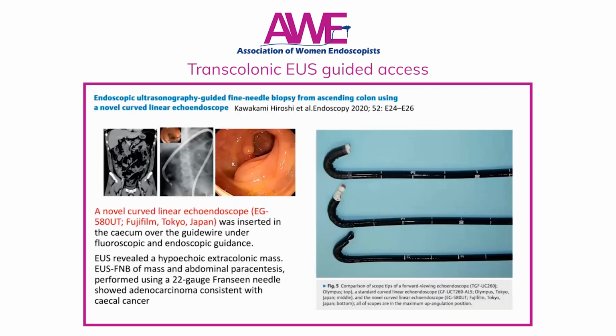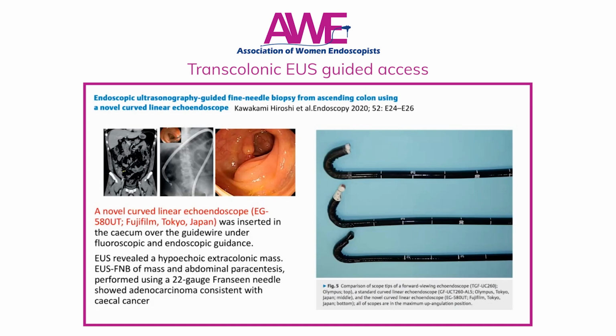And this is a case study by Kawakami in Endoscopy 2020, basically going back to the curvilinear scopes. And this is a novel linear echo endoscope, at this time by Fujifilm, and they showed us that it was possible to reach the cecum.